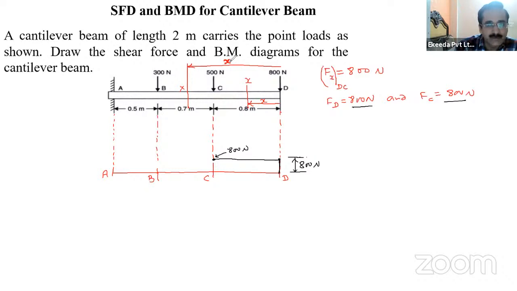Now we are taking again Fx between C to B, and it will be valid for C to B.